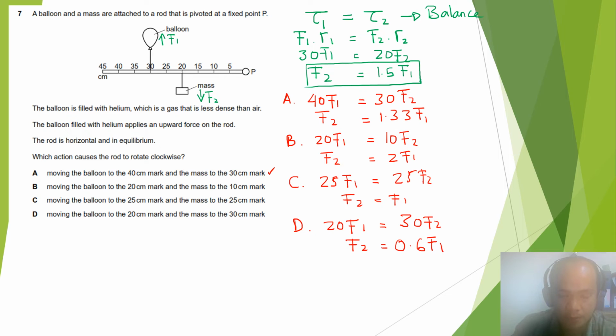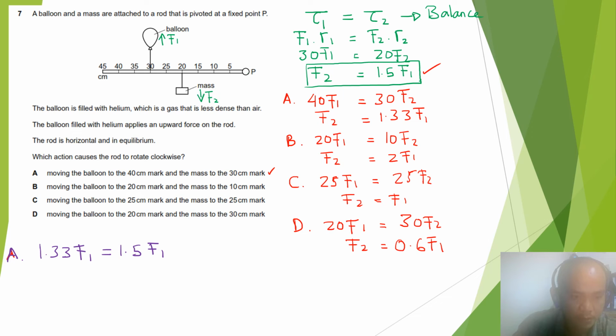From these four equations, we compare with the earlier one. So if we put F2 in for option A, F2 is 1.33 F1, compared with 1.5 F1.